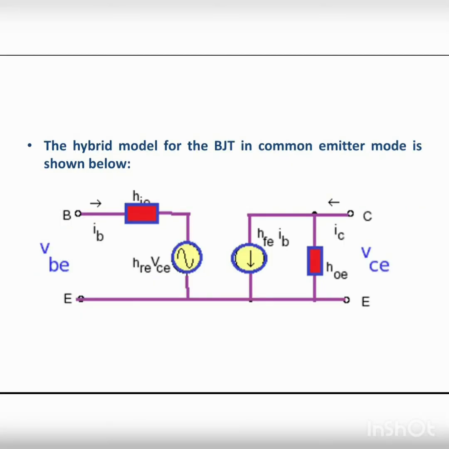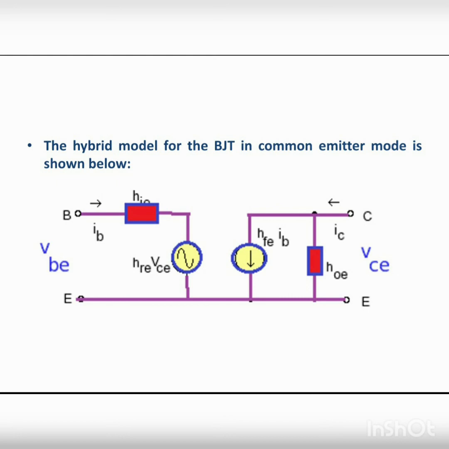The diagram on the screen is the hybrid model for BJT in common emitter. We have written this in the order H11, H12, H21, H22. So the input side has HIE, H11, and next H12. Similarly, on the output side we have H21 and H22.